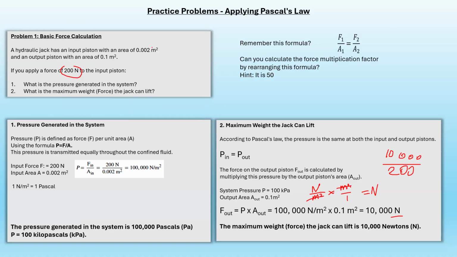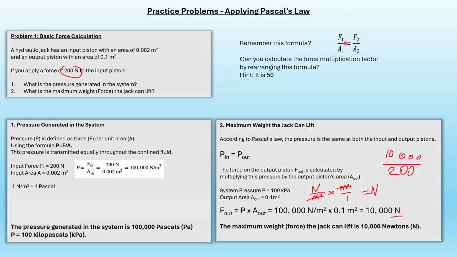Well, what else can we see here? Remember this formula? Pressure equals force over the area. And in both cylinders, we have force over area. We have the same pressure in both cylinders, remember?